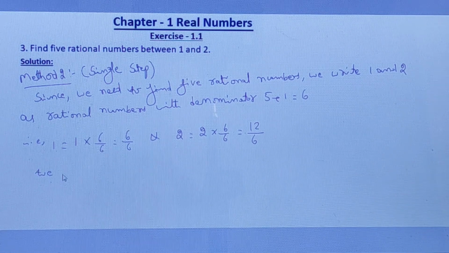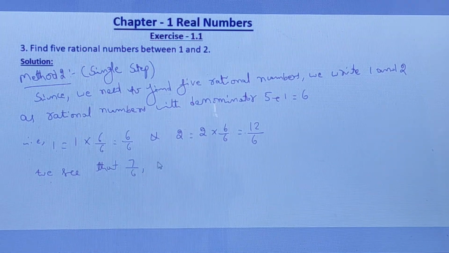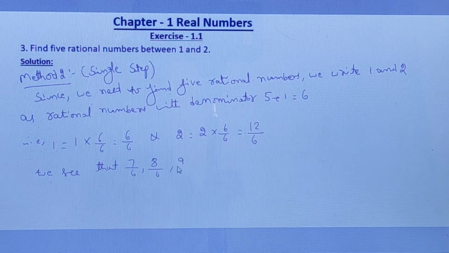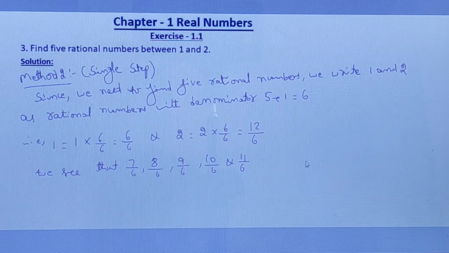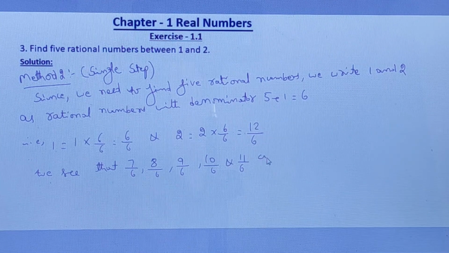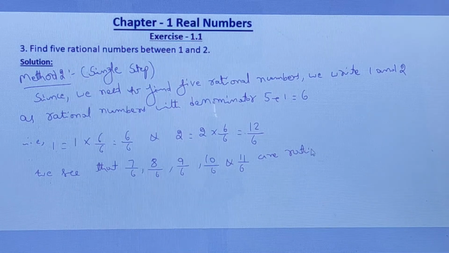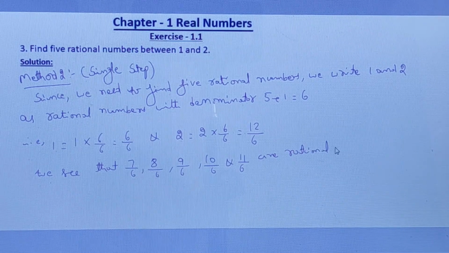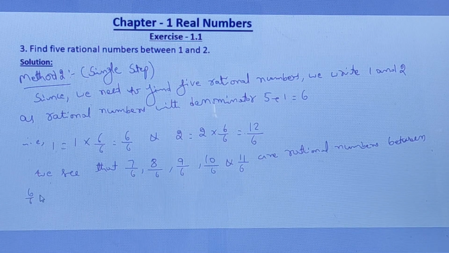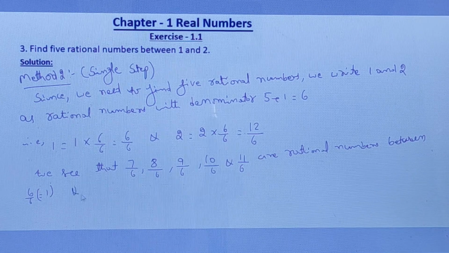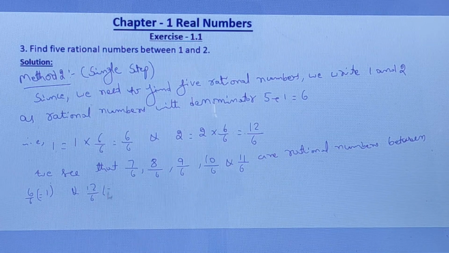We see that 7 by 6, 8 by 6, 9 by 6, 10 by 6 and 11 by 6 are rational numbers between 6 by 6, that is nothing but 1, and 12 by 6, that is nothing but 2.